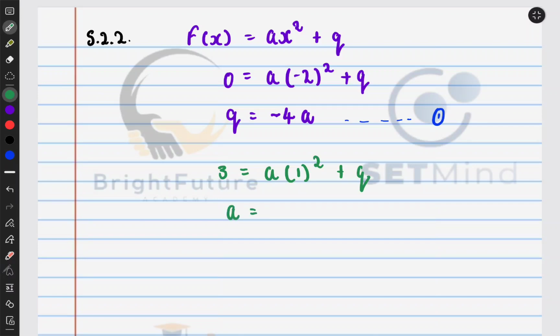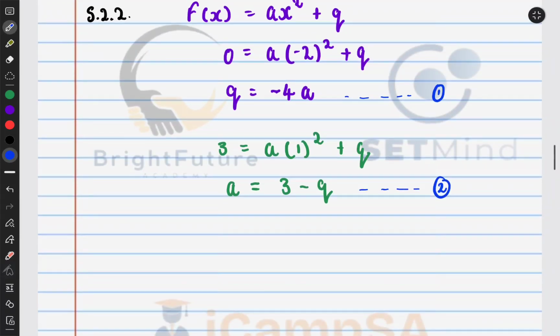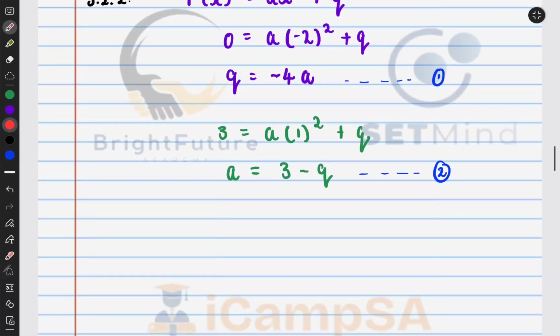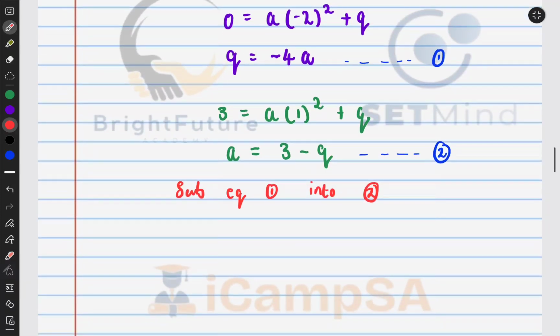We can say a is equal to 3 minus q. This would be equation number 2. And then what do we do next? We sub equation 1 into 2 in order to solve for a.